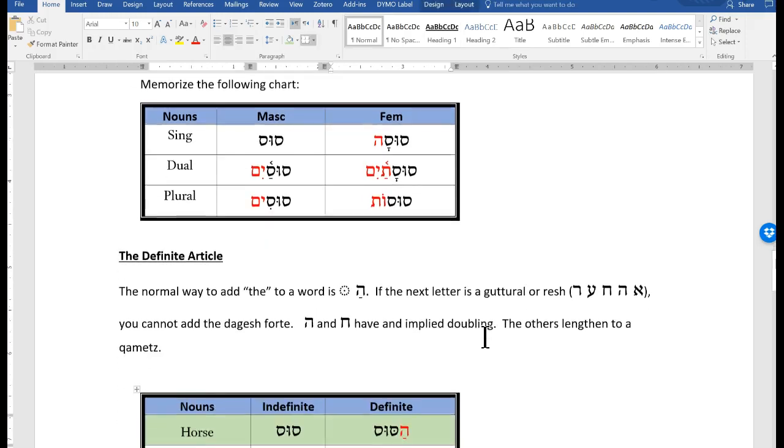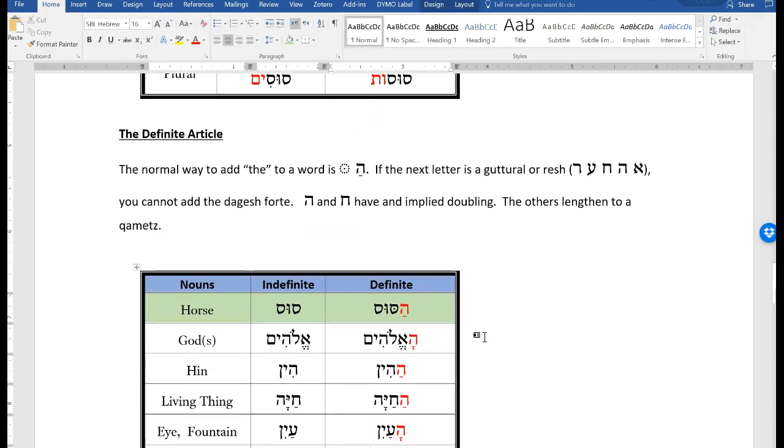Now, new material, we have the definite article, although we know this already, so hey plus pata plus dagesh forte in the next word. That's the normal way you say the. So if this is horse, this would be the horse. So there's the doubling dagesh there.